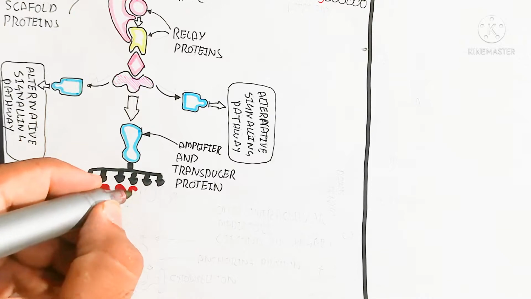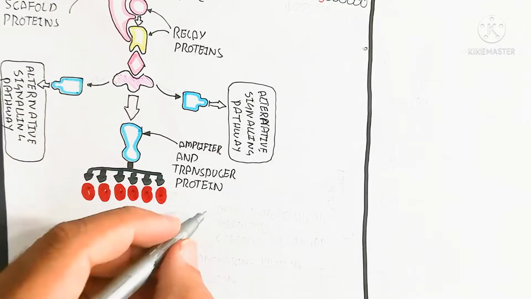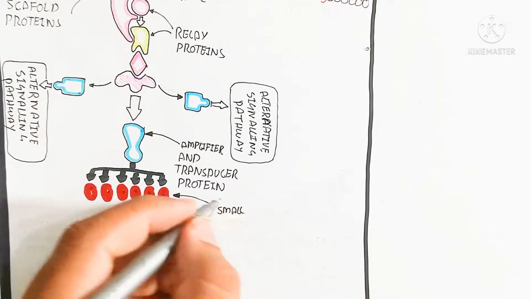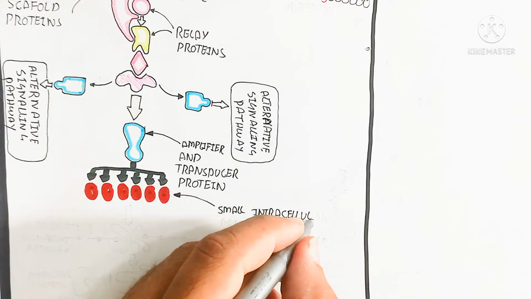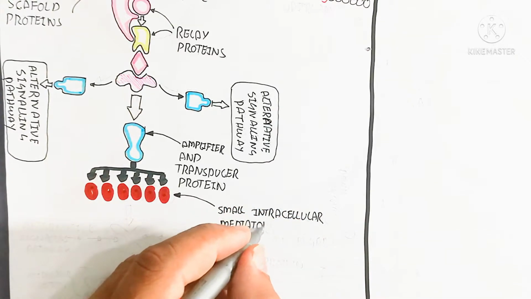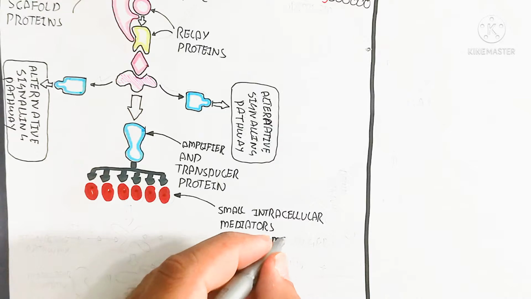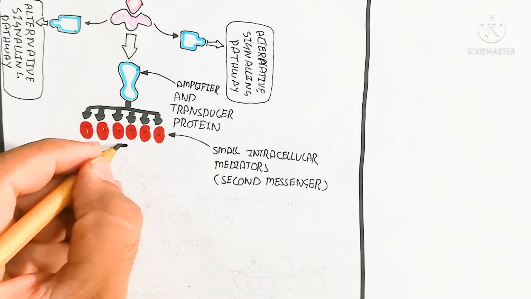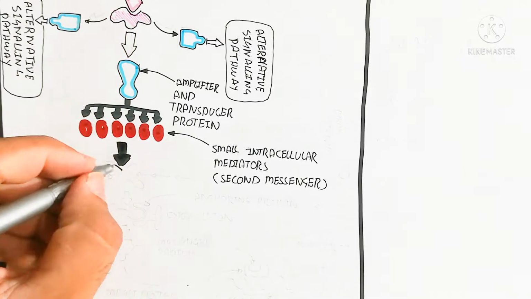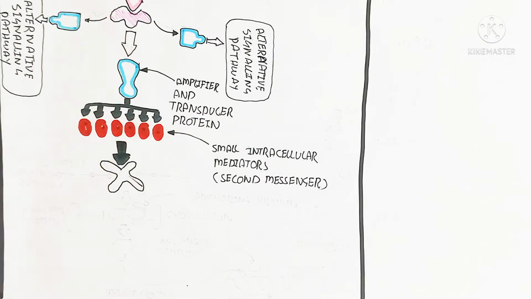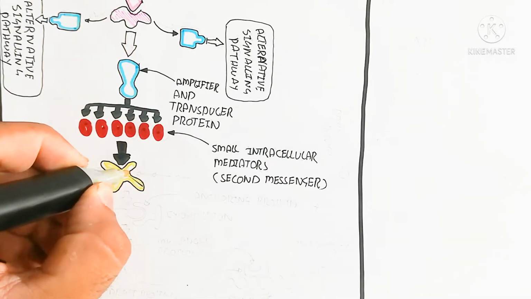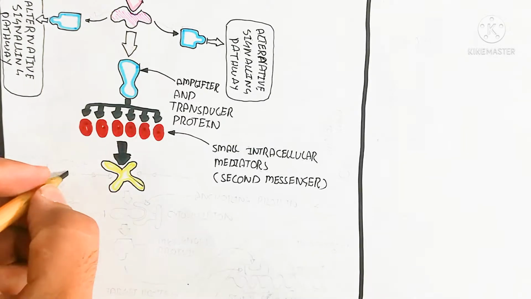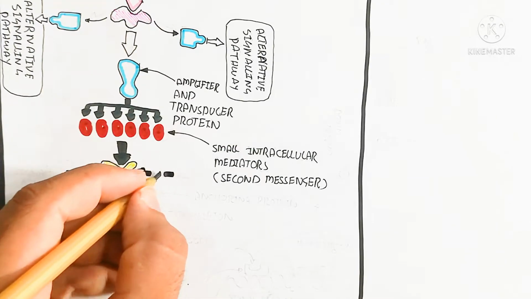Next, the second messenger will activate the anchoring protein, which binds with the cytoskeleton, and the modulator protein can inhibit this function. This yellowish protein is activated after the second messenger activation.